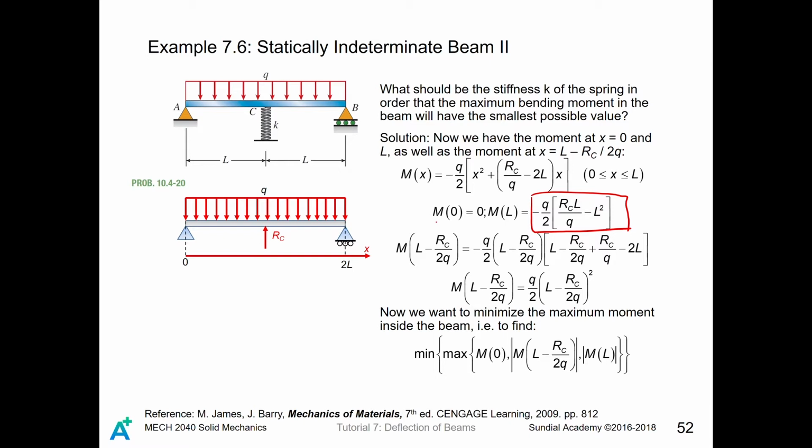Also, we are going to get the moment at the extremum we already obtained. Now we have those three things. Their value could be positive or negative, so we have to consider the absolute value of it.